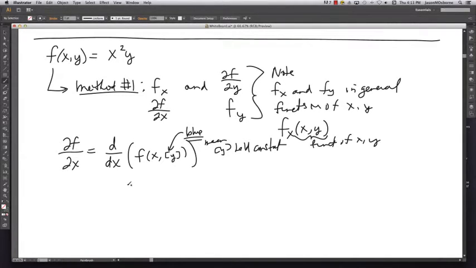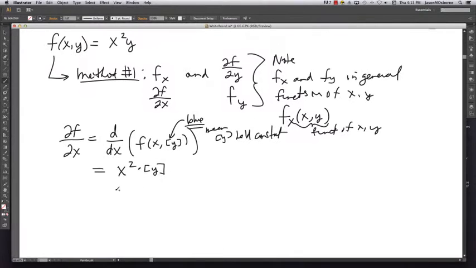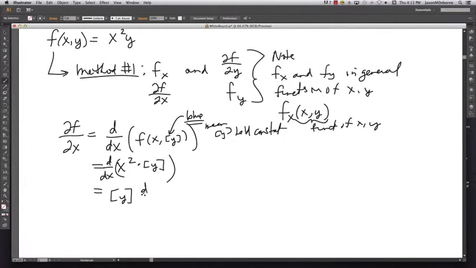Okay, so when you're differentiating it, just treat it like a constant. So in this case, your function will be x squared multiplied by y, where y is a constant, and therefore you need to take the derivative with respect to x of this. And because y is a constant, I can bring the y out in front of the derivative symbol, and you just have the derivative with respect to x of x squared. So the answer will be y times the derivative of x squared, which is 2x.